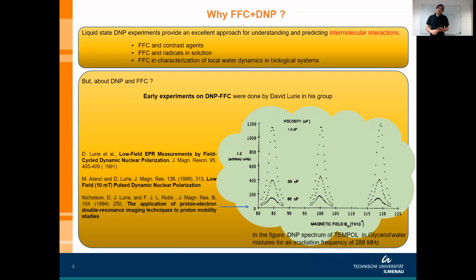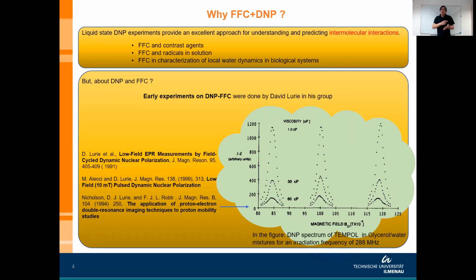That means they have a sample of TEMPO, a radical, we will see the structure later, in water, and to change the dynamical properties of this radical and the solvent, here they add glycerol in the system. And then you can see here these curves.